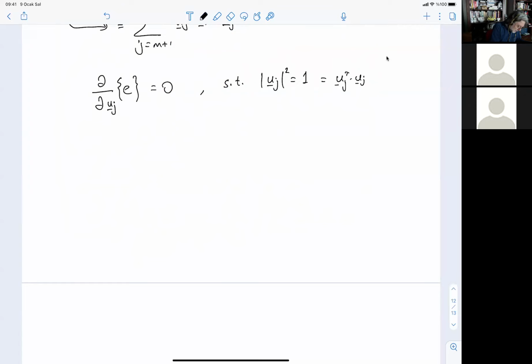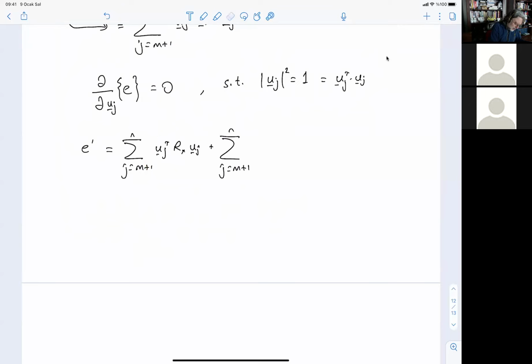So instead of e, I will devise a new term. Let's call it e prime. But this prime does not mean a derivative or anything. It's just a new error term that incorporates both the expression to be minimized like this, uj transpose rx uj, and within a Lagrange multiplier, it also within the same summation, or I could also put a parenthesis here and then close it over there.